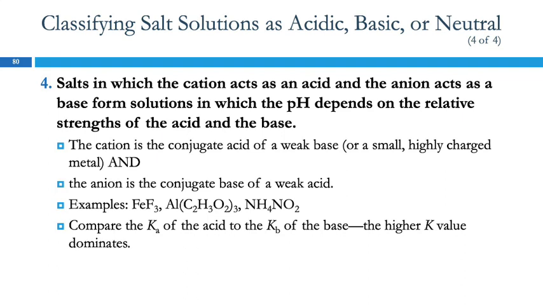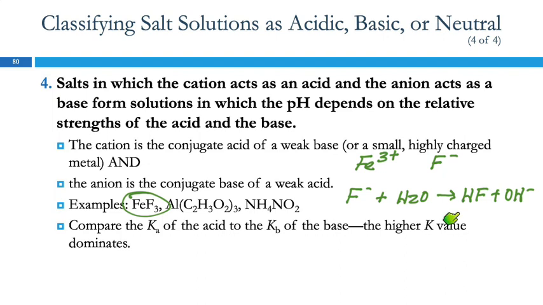So if we look at this one, when that forms ions, it's going to form Fe3+, and yes, it's going to form 3 fluoride ions. But when those fluoride ions go to act as a base, it's just that you have 3 times as many of them. That doesn't affect the equilibrium constant.